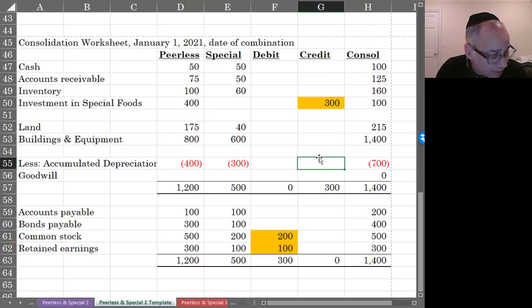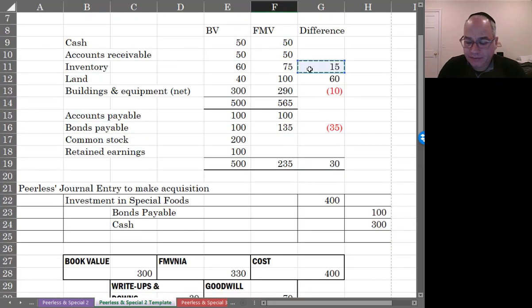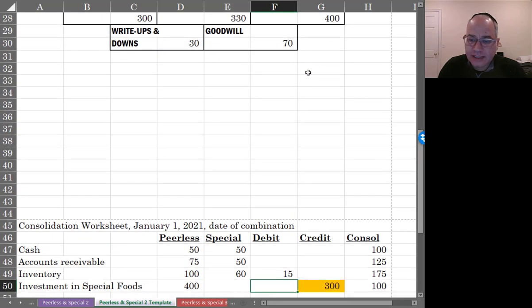Next, I'm going to do a write-up entry. And what this entry will do is write up the individual assets to their fair market value. So for example, inventory should be written up by $15,000. So I'm going to debit inventory for $15,000 because Special's inventory is on their books for $60,000, but we determine the fair market value is $75,000.